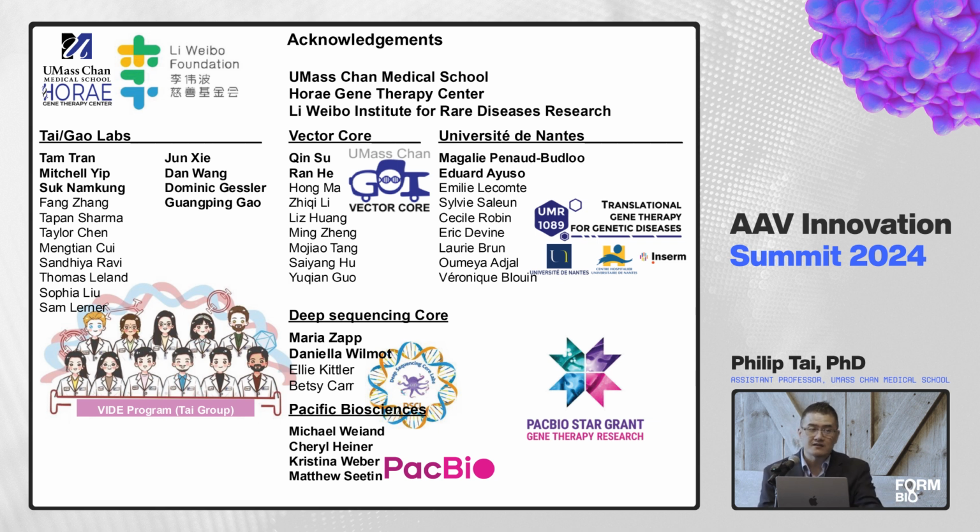And it could be because even though they do perform better in transduction, maybe they don't replicate as well. And so I think part of using PacBio and these long read sequencing technologies may be to start to understand that. And in saying that, we are also very much interested in exploring other ITRs. And so I gave a talk 2 weeks ago at ESGCT describing new ITRs that we've identified for AAV8 and RH39.